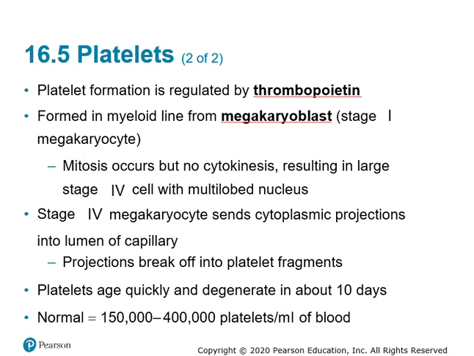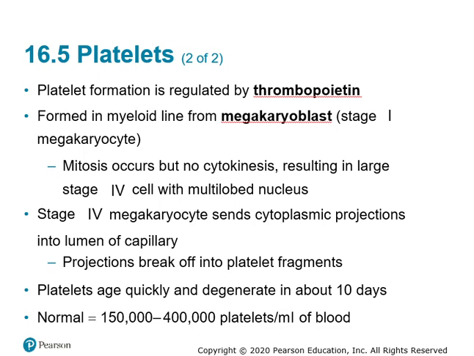Now, platelets are formed by the release of a hormone called thrombopoietin. Another name for platelets is thrombocytes, so that's where thrombopoietin comes from. Again, we're going to use the myeloid stem cell line to create platelets, but from the myeloid stem cell, we get a megakaryoblast, stage 1, and it's very large because it performs mitosis but doesn't separate the cytoplasm.